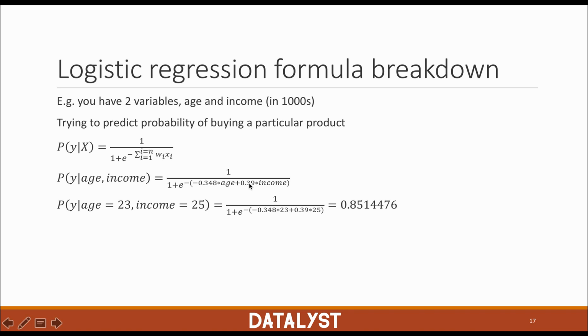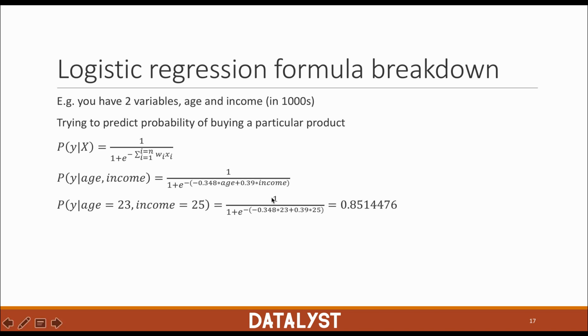So what this means is that the older someone gets, the less likely they are to buy this product, but the higher their income, the more likely they are to buy this product. So these two variables work in opposing ways. Let's see what happens if we choose a particular user. Let's say we have a user that has an age of 23 and an income of 25. Again, the income is measured in thousands.